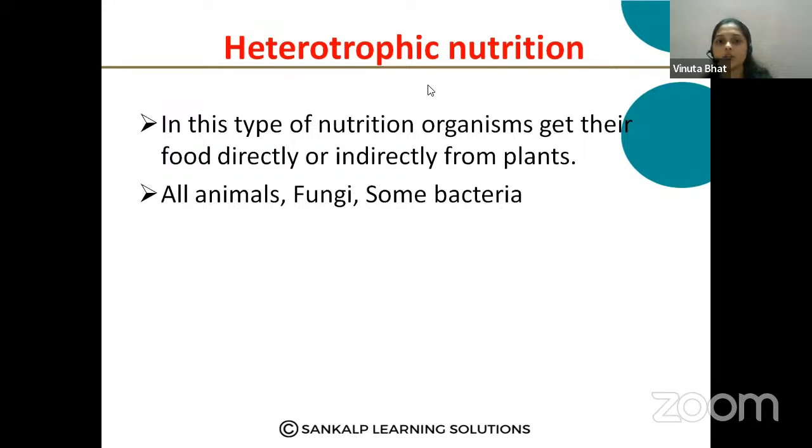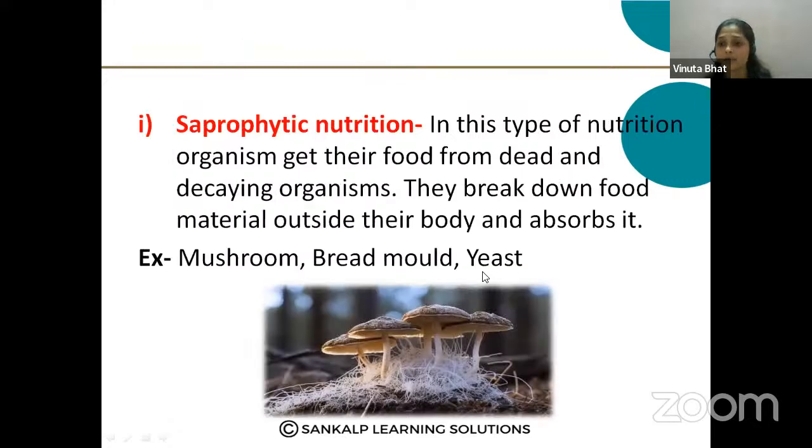Okay, in heterotrophic nutrition again, there is a type called saprophytic nutrition. Here, the organisms break down the food material outside their body.